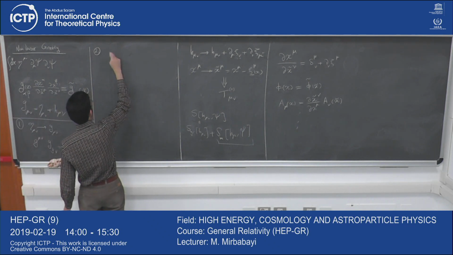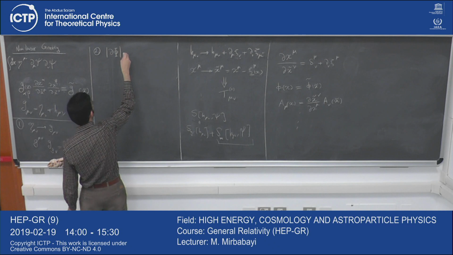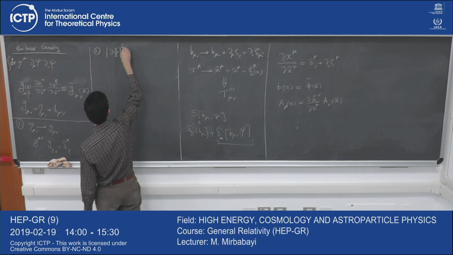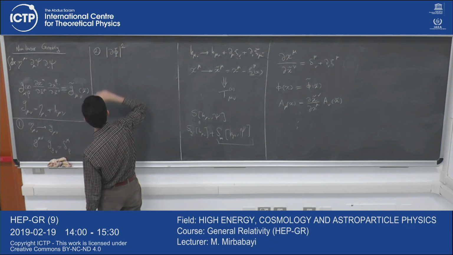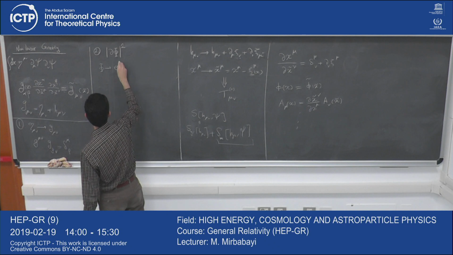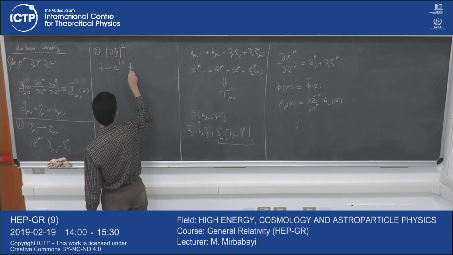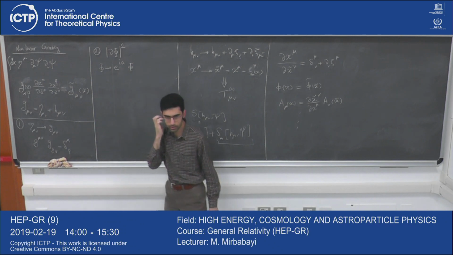So, for instance, if I have a field theory which has a U(1) symmetry, so this phi is a complex field, and this is invariant under phi going to e to the i a phi, where a is a constant.